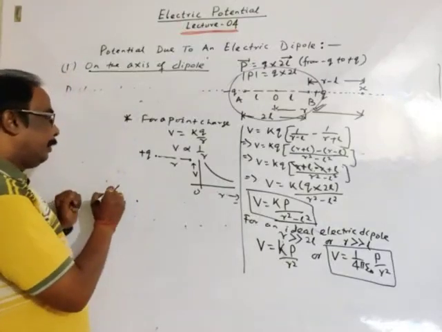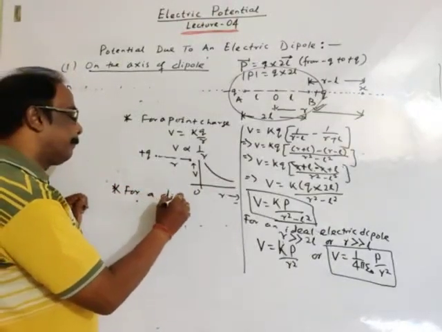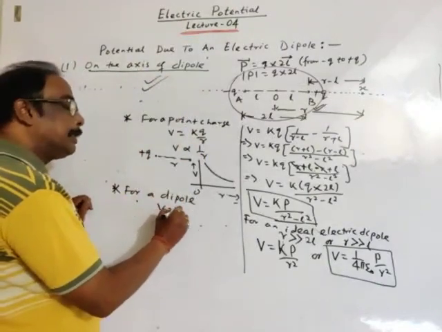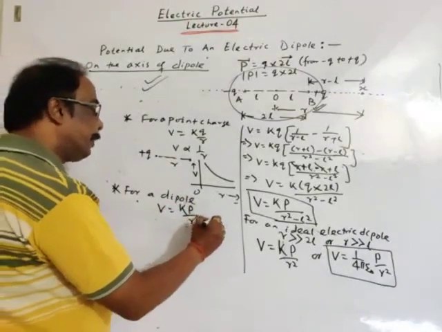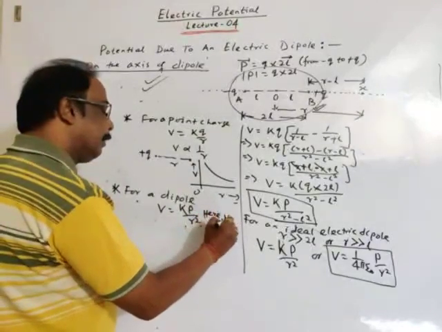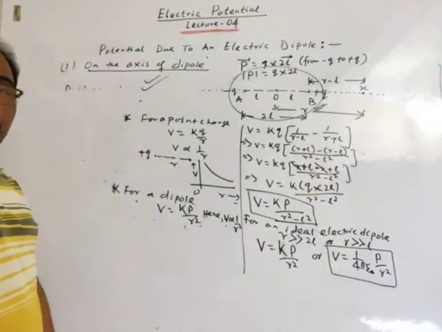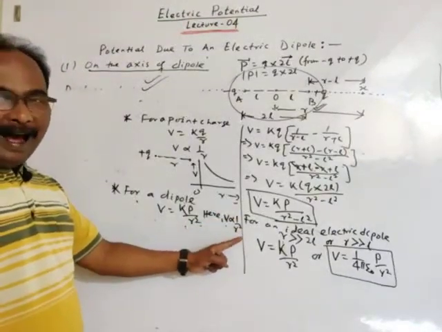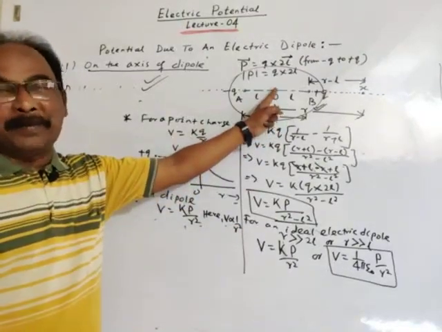For a dipole, this is the case on the axis of the dipole. Potential is K P by r square. So we may write here, potential is inversely proportional to the square of distance. For a dipole, electric potential varies inversely as the square of distance from the center of the dipole.